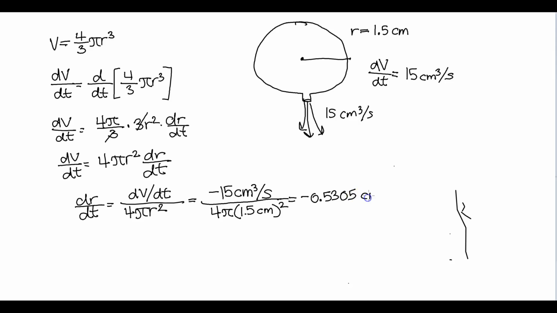Keep the units. Centimeters per second, which means at the exact moment the radius is 1.5, the negative sign tells you that the radius is decreasing at a rate of 0.5305 centimeters per second. Okay? So you have to rearrange for the rate you want to solve with the assorted givens.